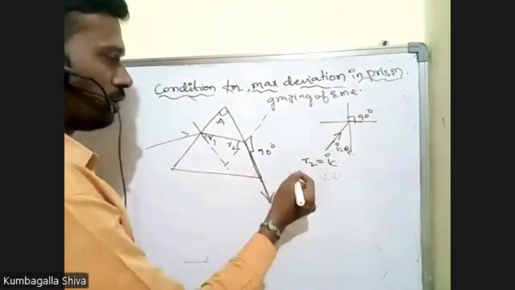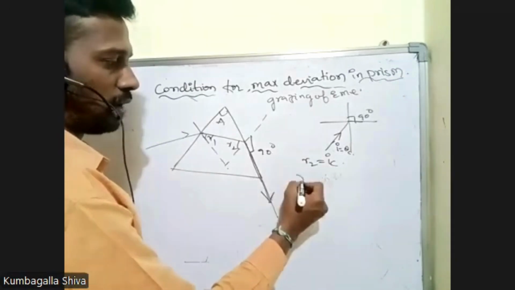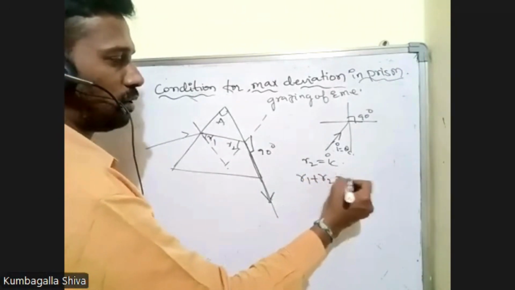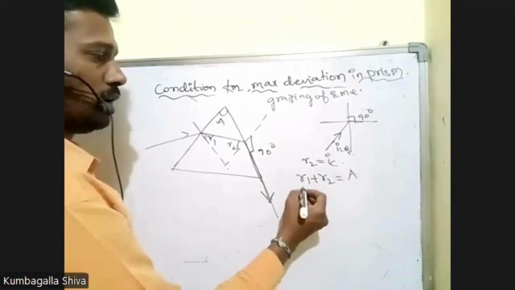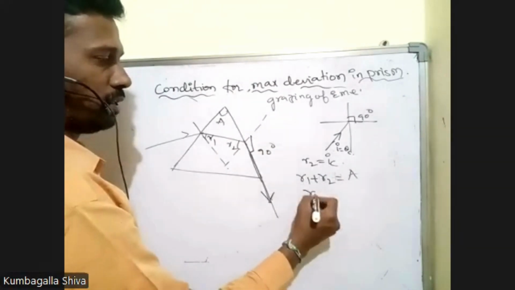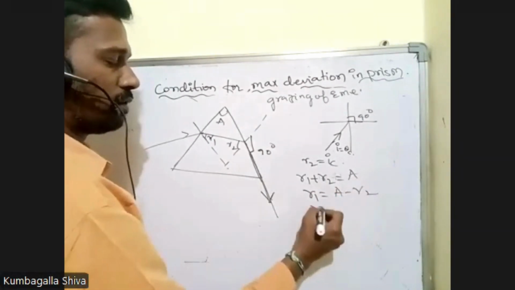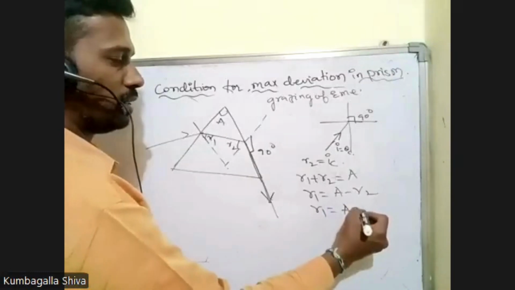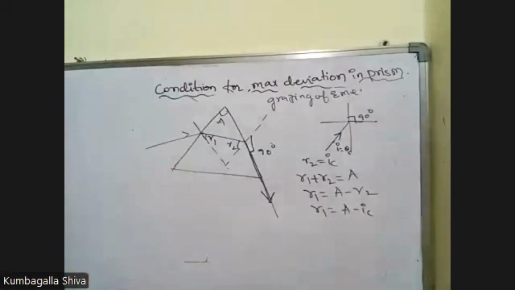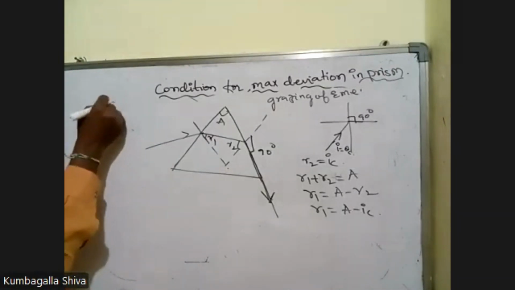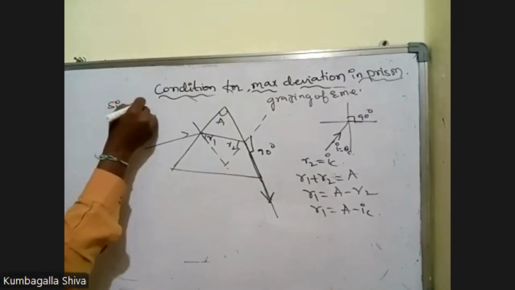Now, what will be R1? We know that R1 plus R2 is equal to A. Therefore, we can write that R1 is equal to A minus R2. Therefore, R1 is equal to A minus theta c. We have the formula sine C is equal to 1 by mu, where C is the critical angle.